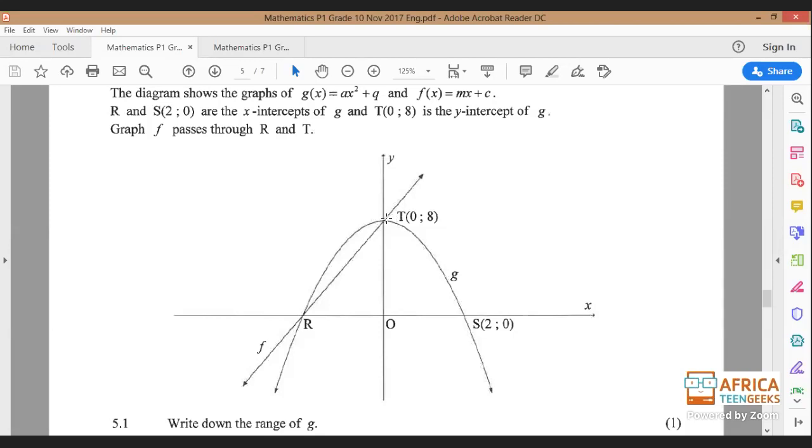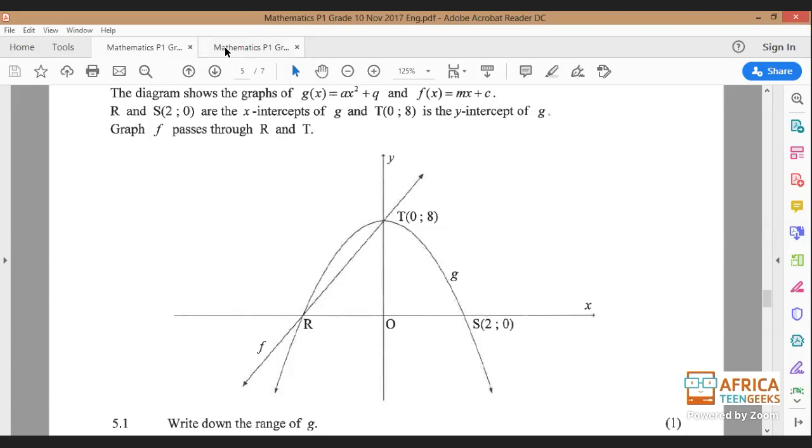So the range will be y is less than 8. So basically your range will be y is less than 8.